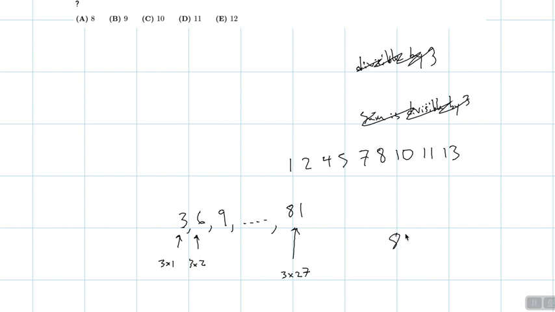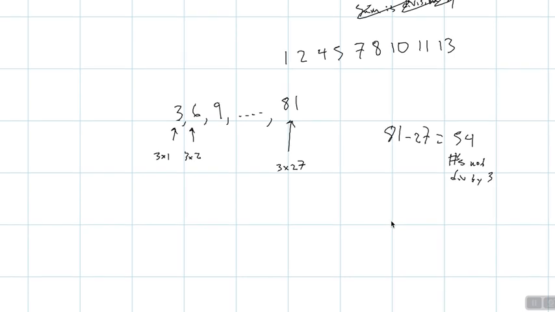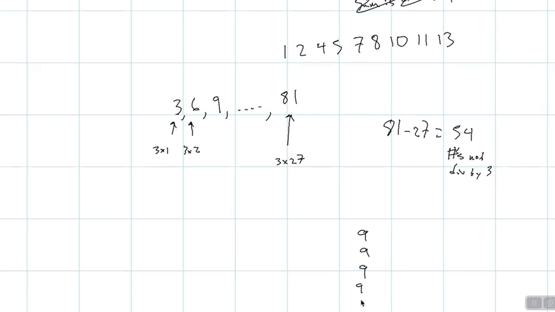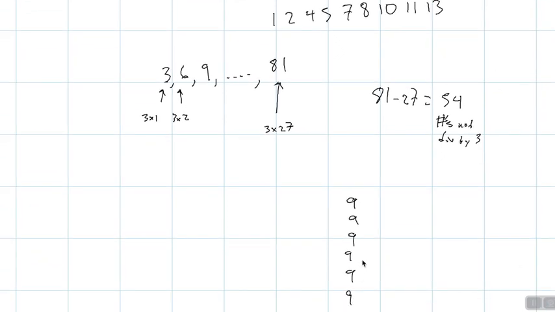So that means that there are 81 minus 27, that is 54 numbers not divisible by 3. So if we get all these numbers together in rows, we could have a set of 9, set of 9, set of 9, group of 9 numbers.